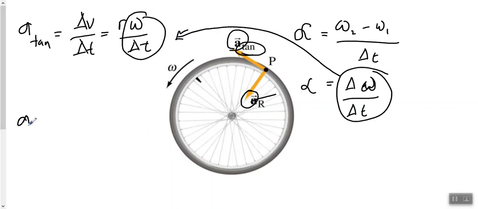So our tangential acceleration is equal to the radius times the rotational acceleration. We could also derive another equation for this.